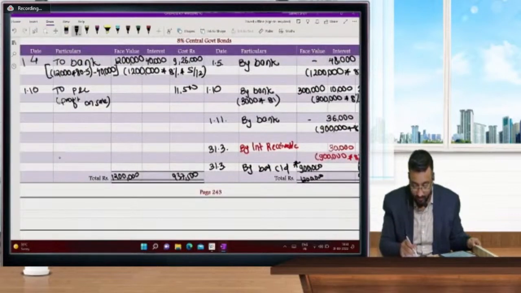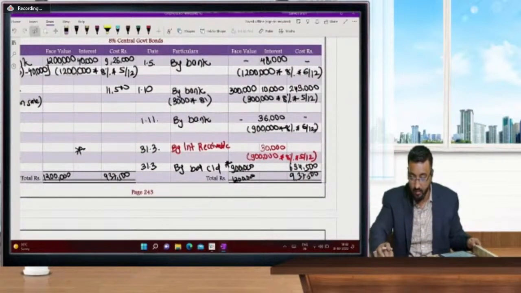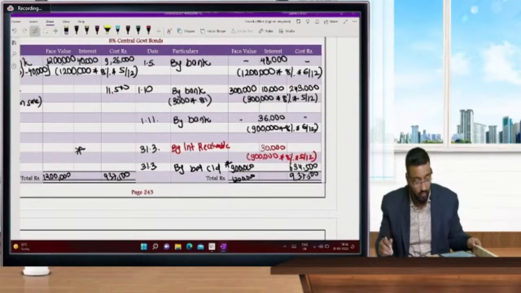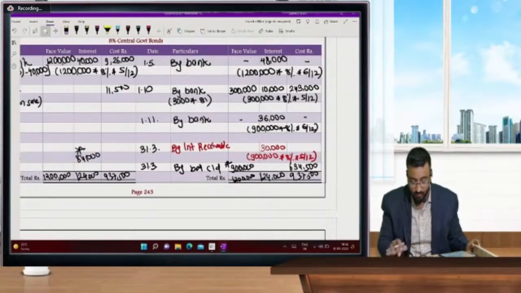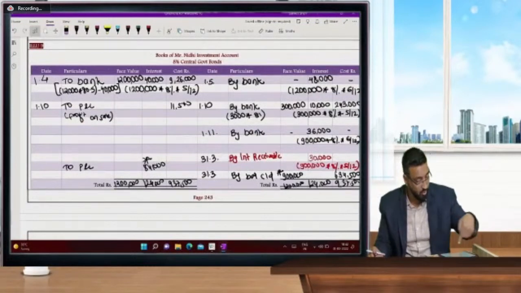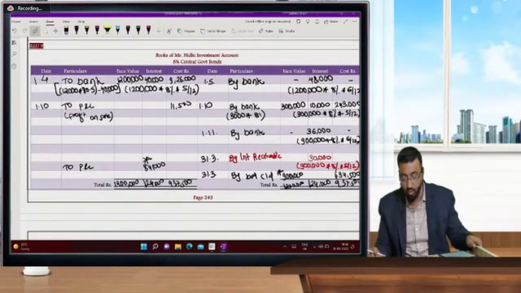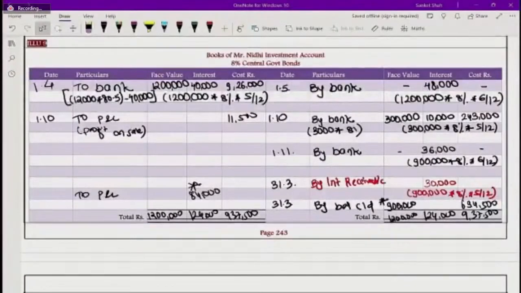And 2 P&L. 48 plus 10 plus 36, interest column 1,24,000 minus 40, 84,000. Take a screenshot.